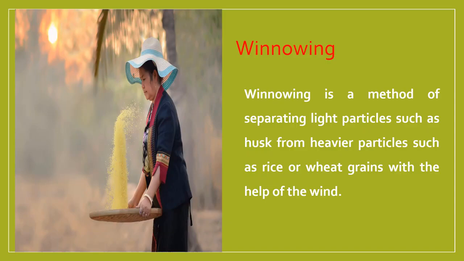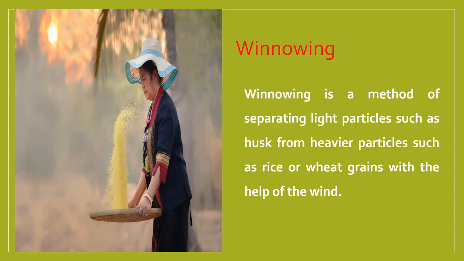Lighter solids, that is husks, will be carried by wind and will be collected in a separate heap, while heavier solids, that is grains, will fall closer and form a separate heap. The process of separating a mixture of light and heavy particles using wind is called winnowing.